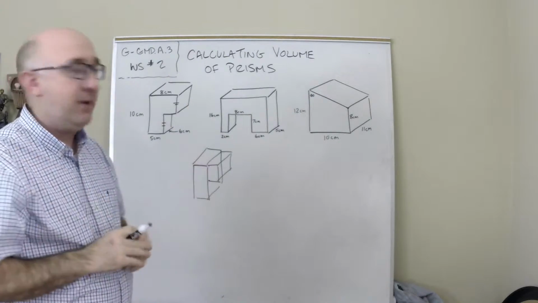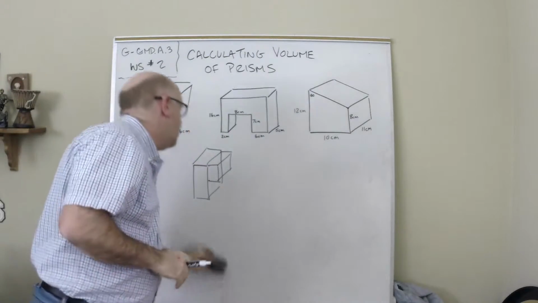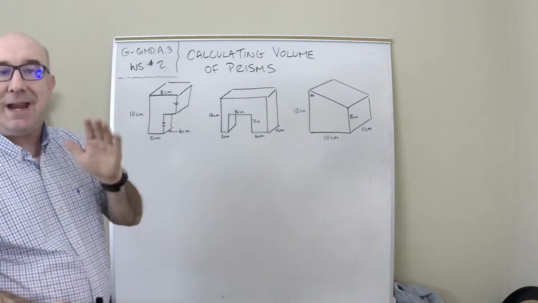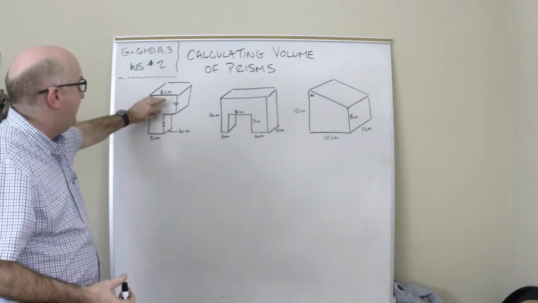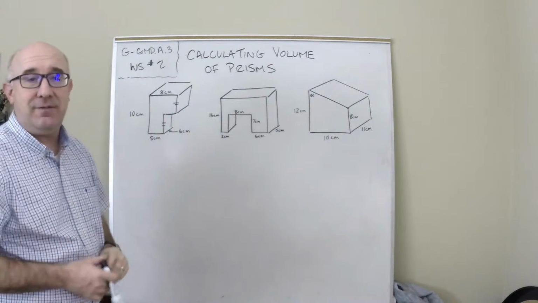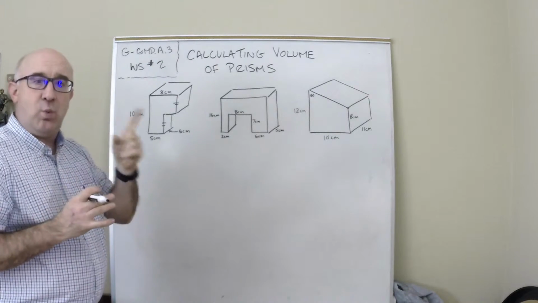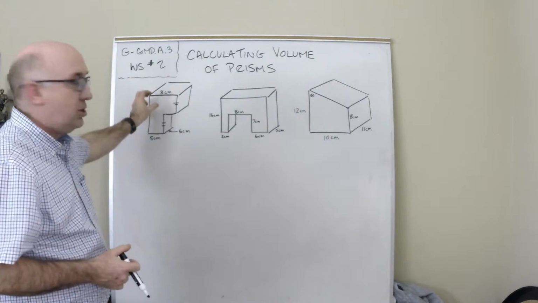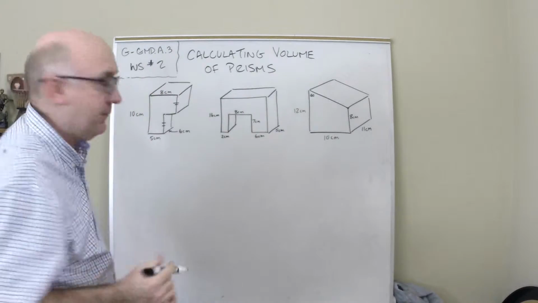That's perfectly fine. I tend to teach it using the same principle, that stacking principle. In other words, I'm going to find one area and multiply it by the height to get volume. So I do it all as one question, and that's just a preference thing. But you can do this as two chunks or three chunks or whatever.